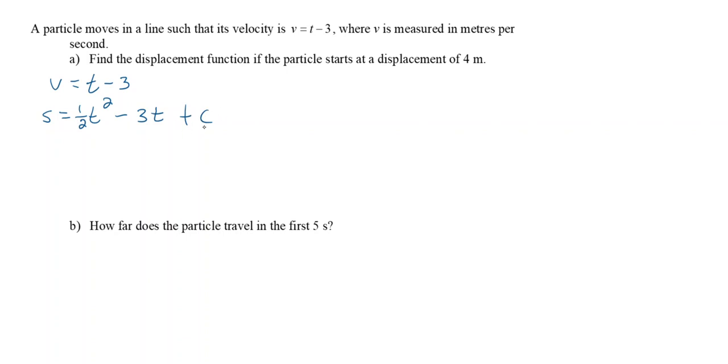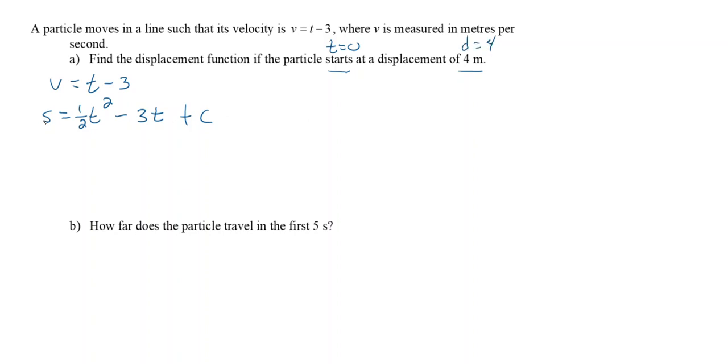I'm just missing my starting point, right? But they did give us an initial condition. They say that the particle starts at a displacement of 4 meters. So that's like a point, like we were doing in the last parts, right? If it starts, that means we have a time of 0 and a distance of 4.